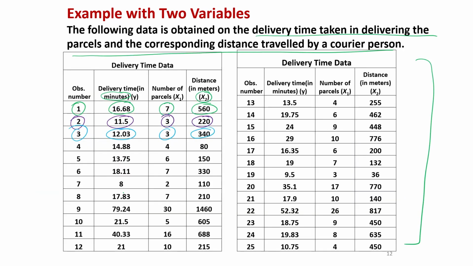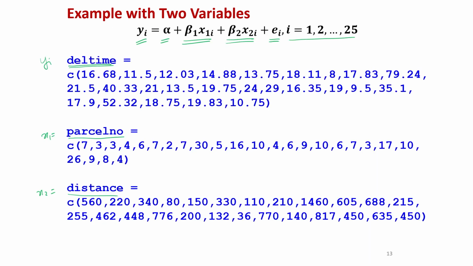I am storing all these data in 3 different data vectors in the same order in which they have been given. For example, the first values 16.68 and 560 indicate that the delivery person delivered 7 parcels, traveled 560 meters and took 16.68 minutes, and so on, right.